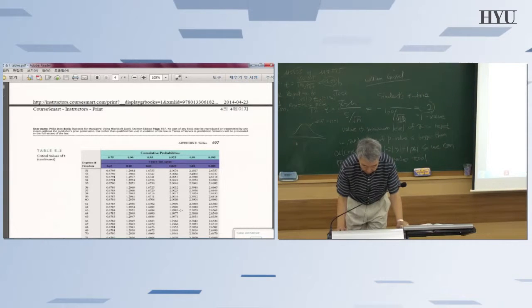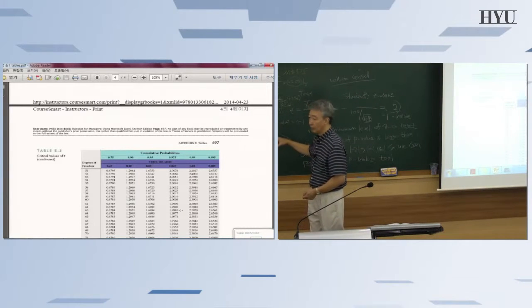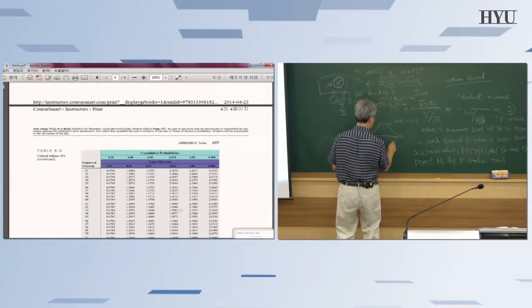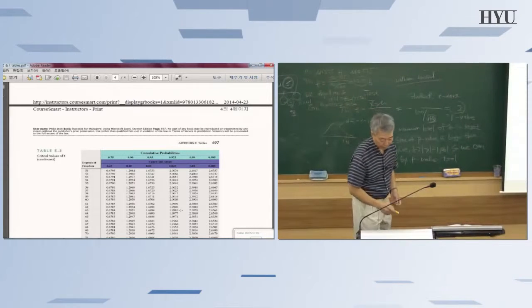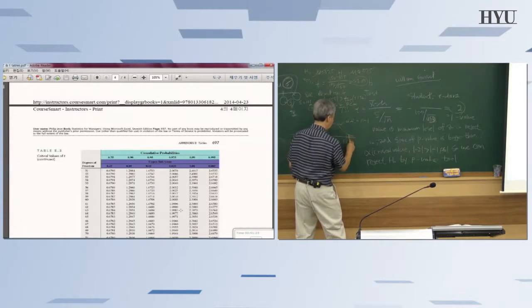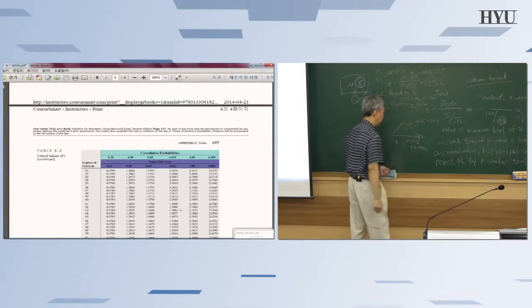That is 1.9983. If you remember, when we were using the z-test, the critical value was about 1.96. But when you're running the t-test, your critical value would be 1.9983, a little bit further outside. So that's the Z, and this is T.